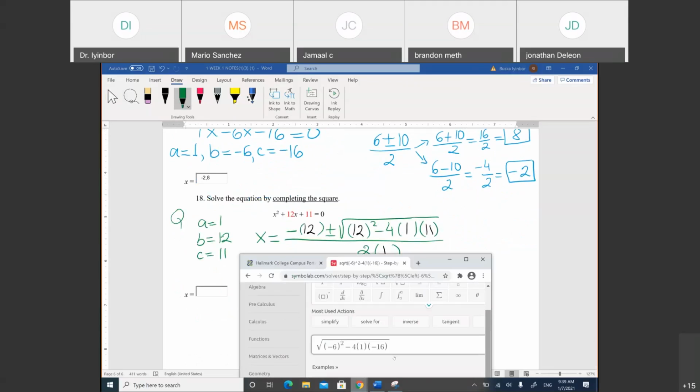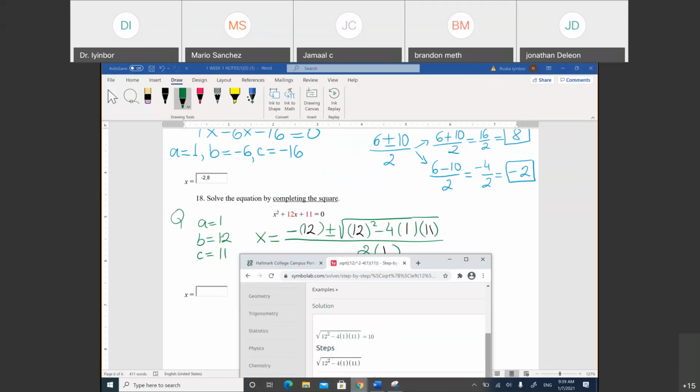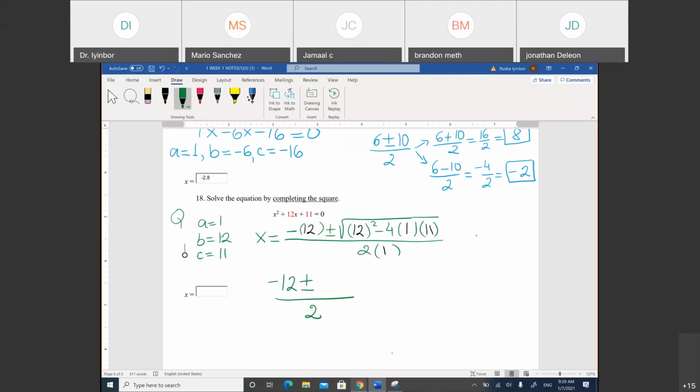We have positive 12 squared minus 4 times 1 times 11. Okay? And the square root is going to give me 10 also. Okay, so we have 10.